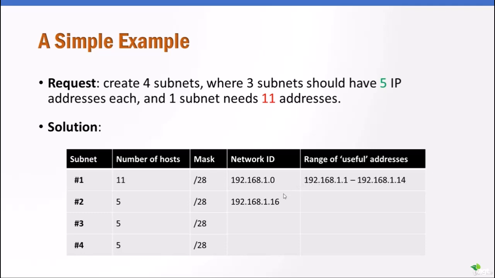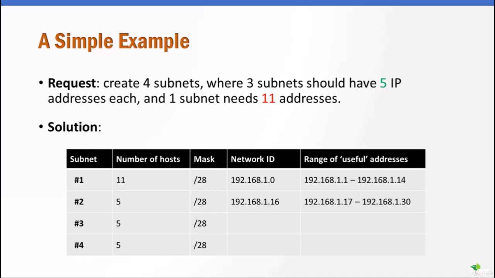So the next IP address is 192.168.1.16, and we're going to use that as the network ID for our second subnet. The range of useful IP addresses in the second subnet is going to be the next 16 IP addresses as in the previous example, from 192.168.1.17 to 30.